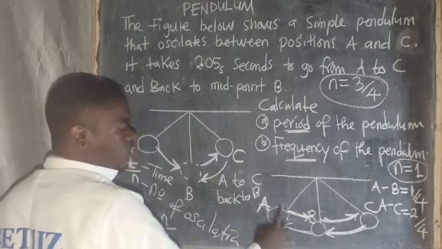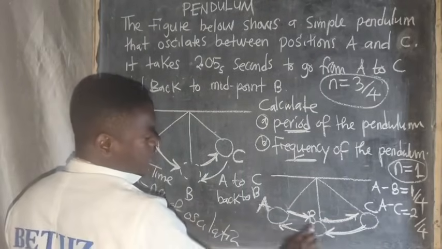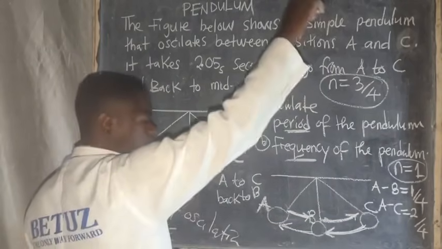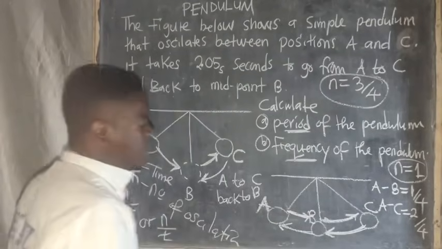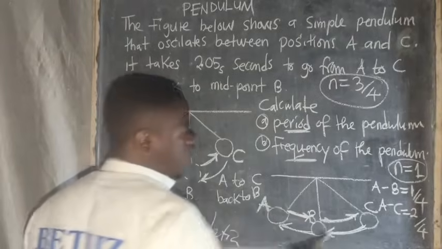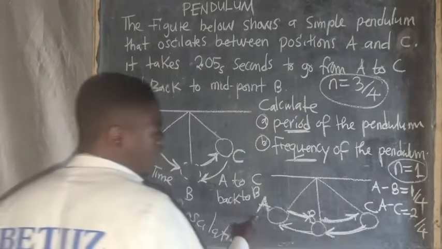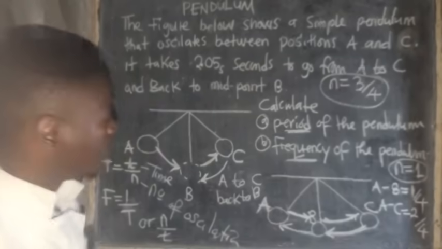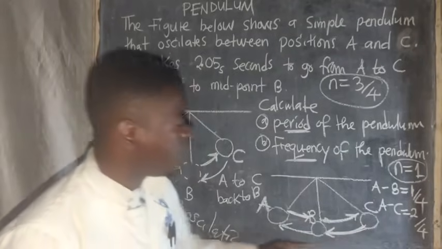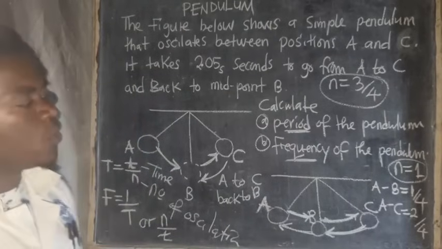So 3 over the total number 4. But if it has moved from A to C and back to A, meaning that n is what? N is 1, because it is going to be 4 over 4, which is equal to 1.